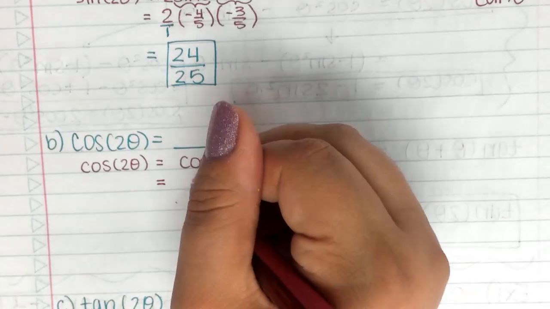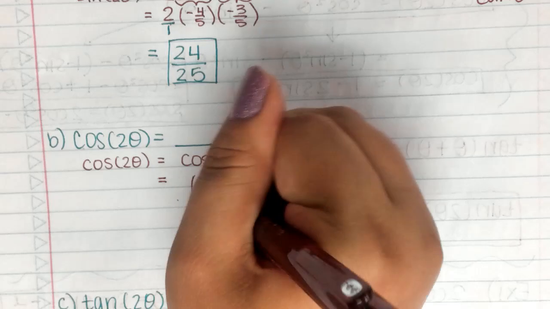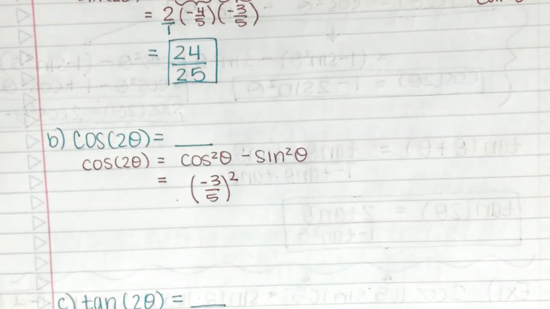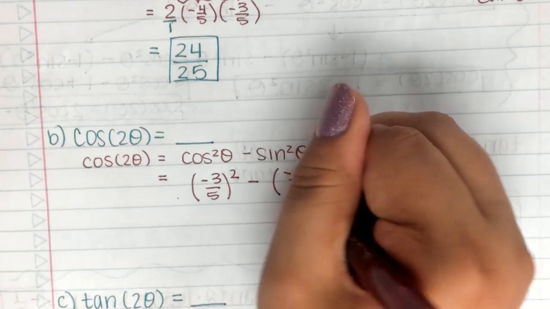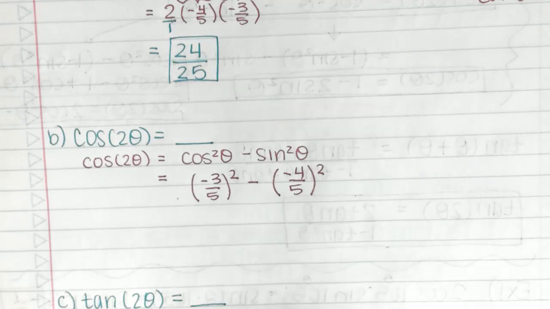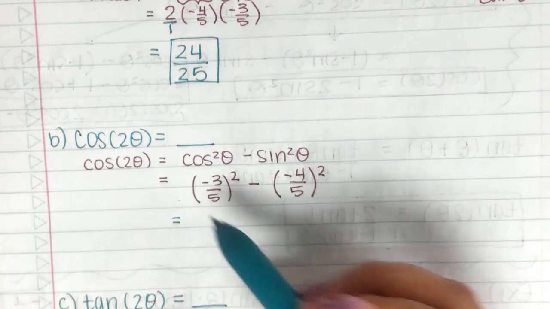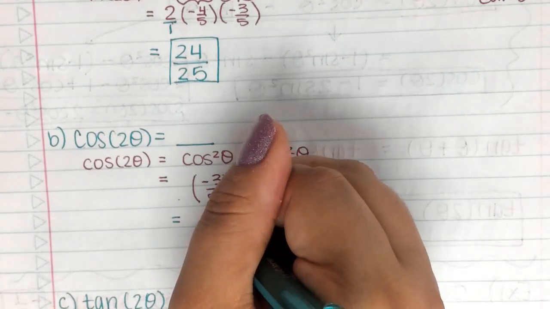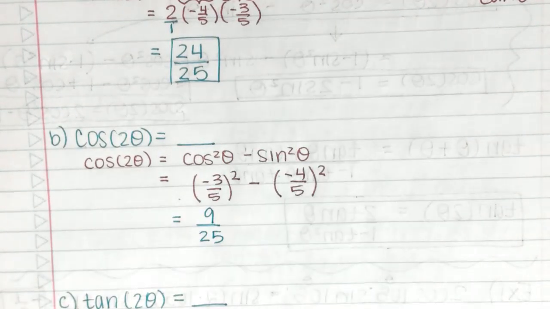So my cosine of theta squared, my cosine of theta is negative 3/5. I'm going to square that. Minus the sine of theta was negative 4/5. I'm going to square that. Remember, when you square it, you are doing the top and the bottom. So negative 3 squared is 9. 5 squared is 25.